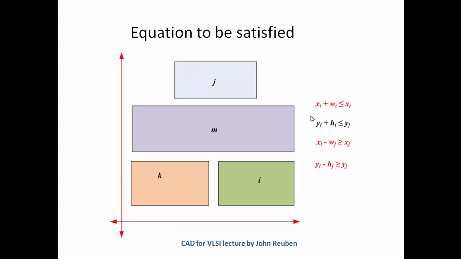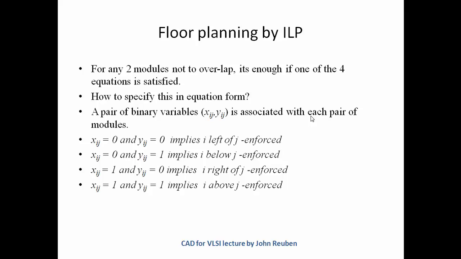Of course, I am assuming only rectangular modules. So in that case, if one of those four equations is satisfied, then we can be sure that they don't overlap either along the x-axis or along the y-axis. So that is what I have said. For two modules not to overlap, it's enough if one of the four equations is satisfied.